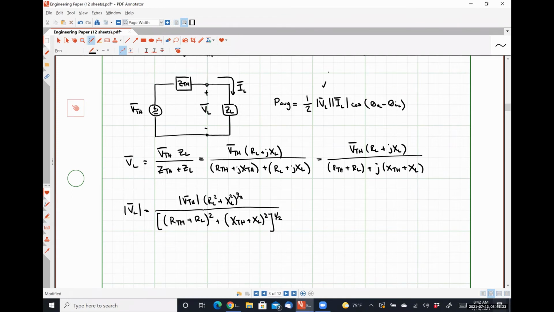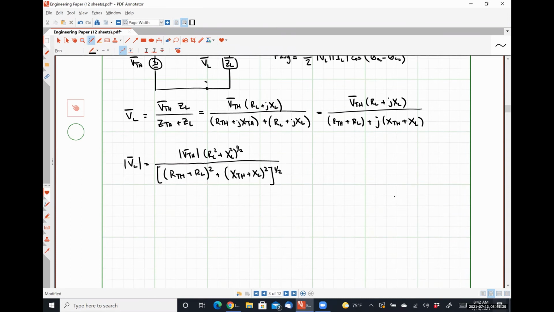So we have that guy figured out. We can follow the same process to determine our current. So using Ohm's law, it should be VTH over RTH plus JXTH plus ZL, which is then going to be RTH plus JXTH plus RL plus JXL in my denominator, and just a lonely VTH up here on top.